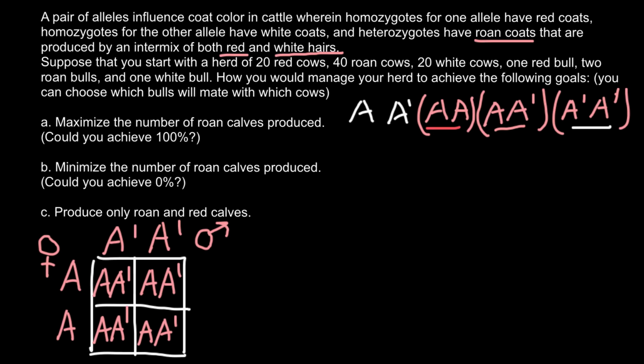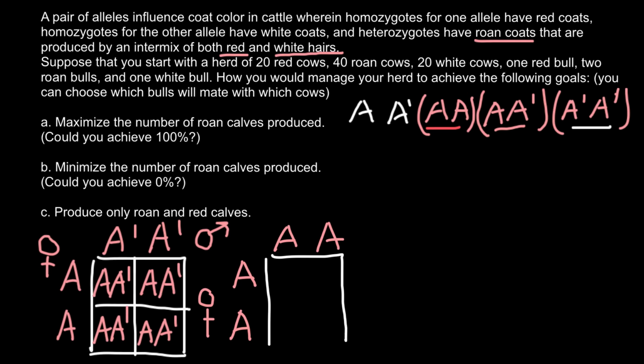And question B, minimize the number of roan calves produced. Once again, this is also very easy. We have to take, for example, a cow that would be capital A A, and a bull that is also going to be capital A A. Of course, such a cross wouldn't produce any genotypes that would be capital A A prime.